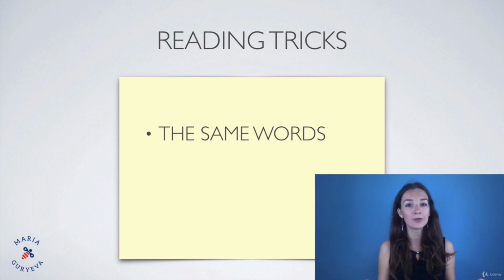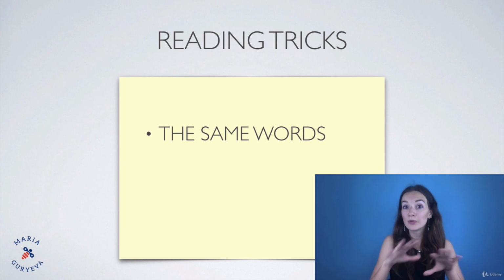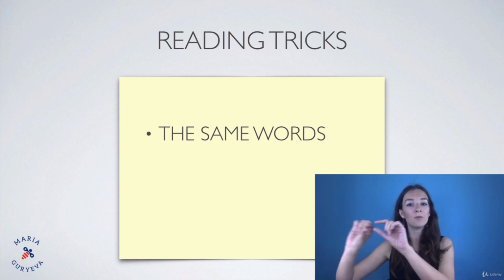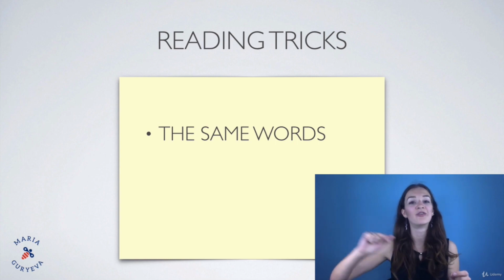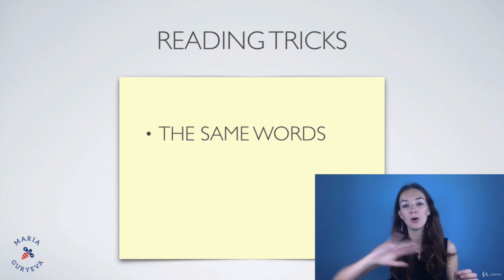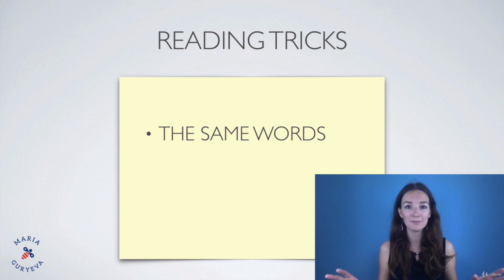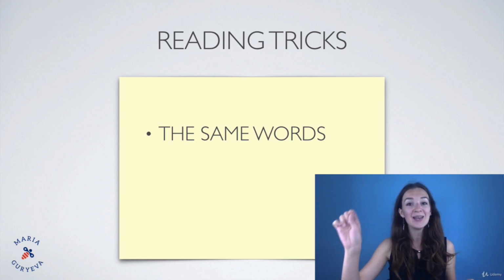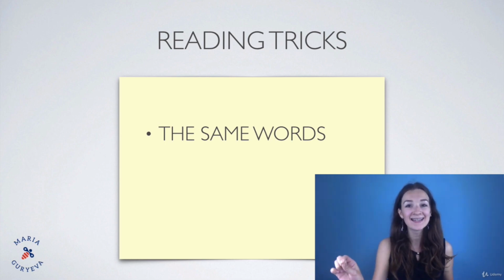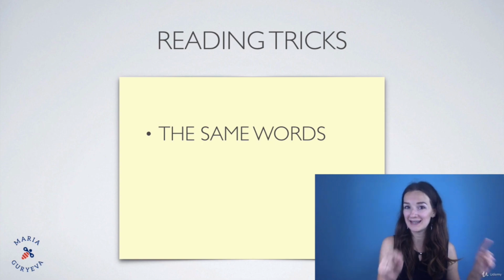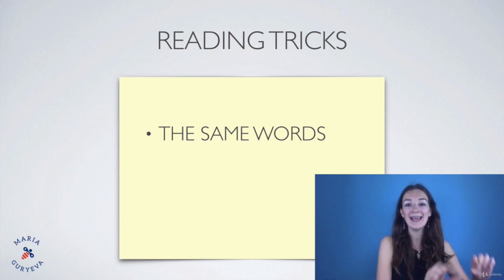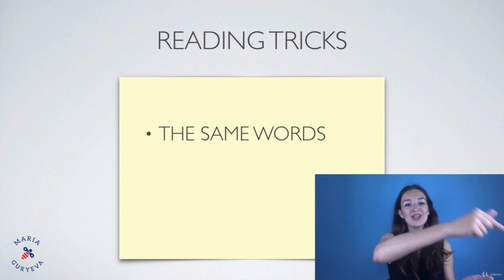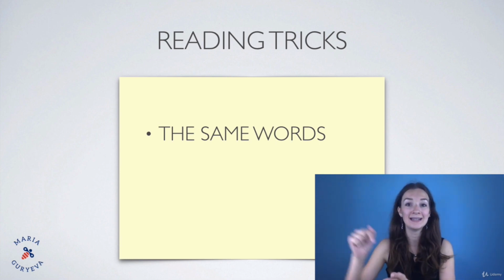Because if they want to create the right answer, they want to hide it. They want to make it not obvious. So they will take a quote from the text and they will rephrase it completely. It will be all different. It will be all synonyms. Sometimes just try. Go to a reading section, read a text, answer questions, and when you know what the right answer is, try to find the same quote in the text and you will see that they take the quote from the text and they change every word to its synonym.